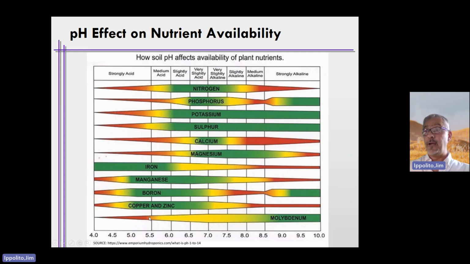Now, if you look at this figure as a whole, it's telling you a story that there's a sweet spot somewhere in here. Sorry about that. There's a sweet spot somewhere, maybe very slightly acidic to neutral, roughly speaking, where most of these nutrients are maximized in terms of availability. And that's true.